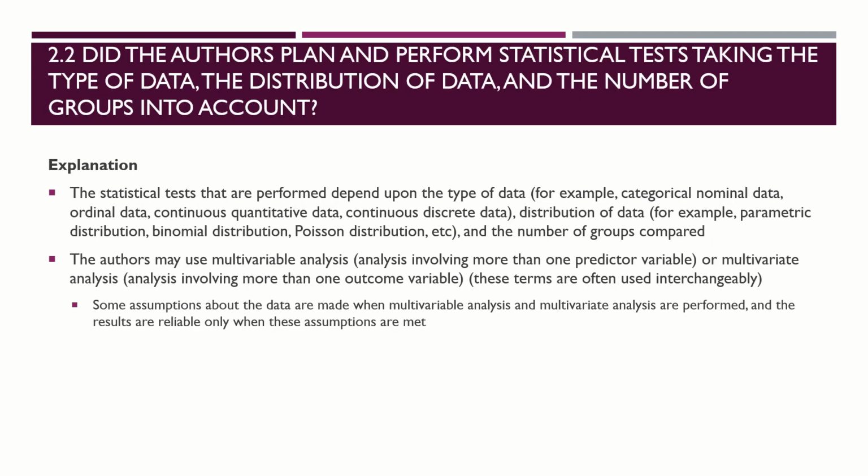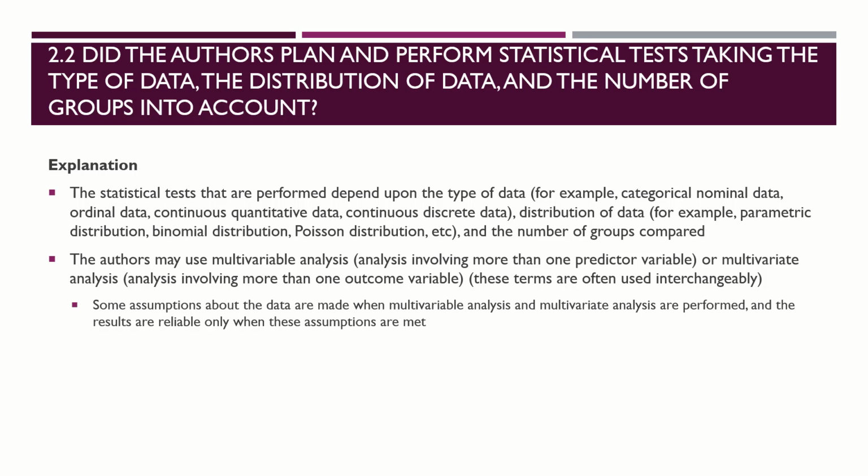Signaling question 2.2, did the authors plan and perform statistical tests taking the type of data, the distribution of data, and the number of groups into account? Now, the statistical tests are performed to actually find out the alpha error usually. And the statistical tests that are performed depend upon the type of data.